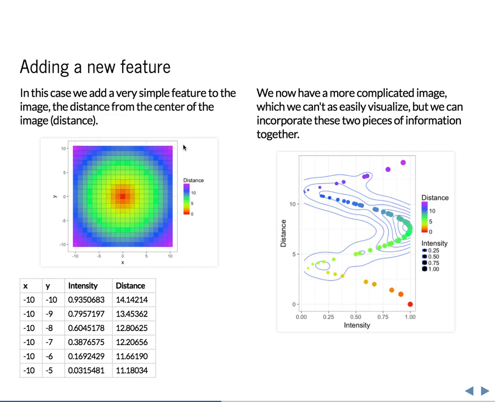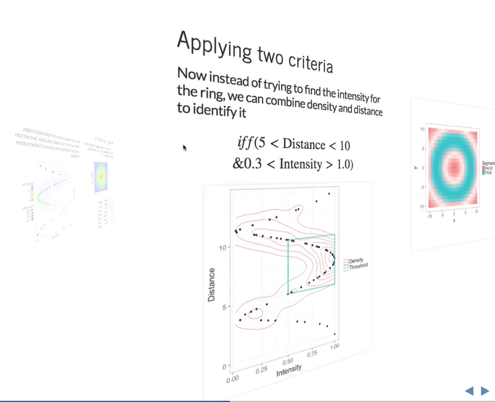This is obviously a very simple feature for that. But here, if you just include the distance from the center, we can now see that if you have intensity on one axis and the distance on the other, there's a group here which corresponds to our ring, which is now very easy to separate from these points and these points, which are the points we were including before.